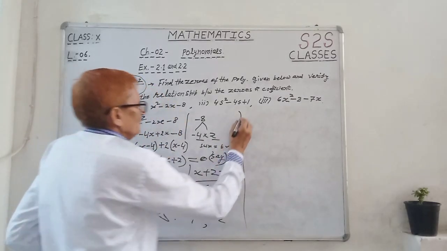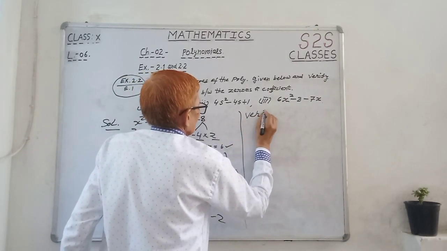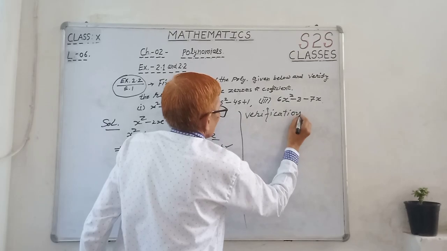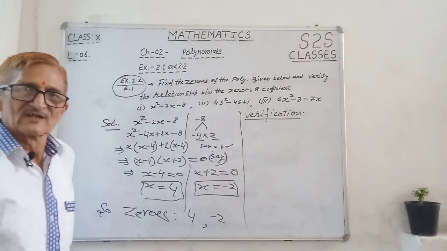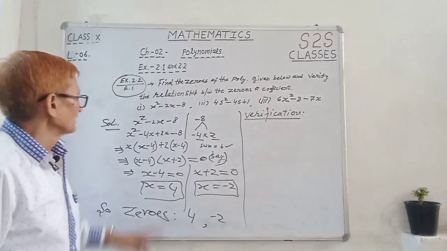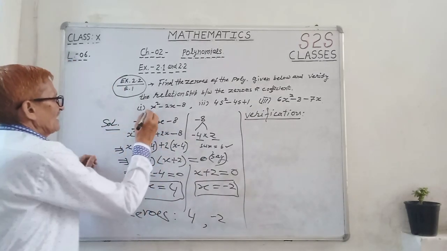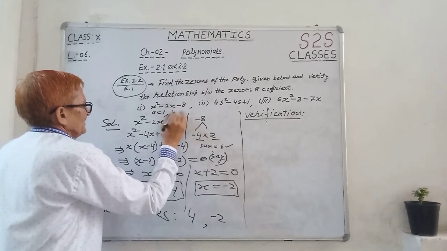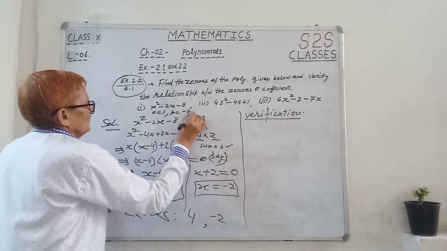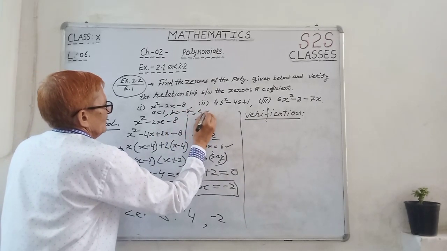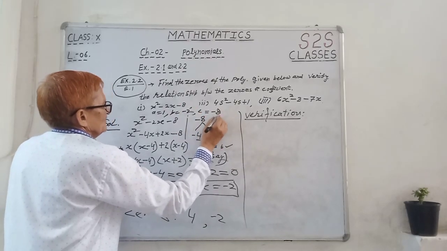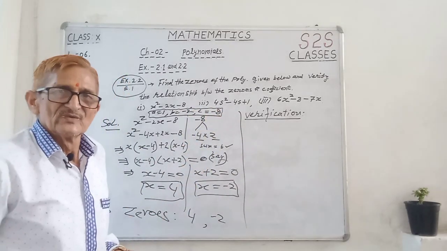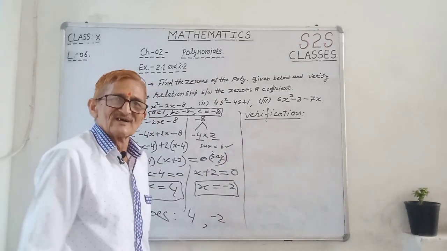Now verification: zeros and their coefficients. Understand? What is the value of a in this? a is equal to 1, we should write. What is the value of b? b is -2. What is the value of c? The constant term, -8. So we should write these values at the start to verify these zeros with their coefficients.